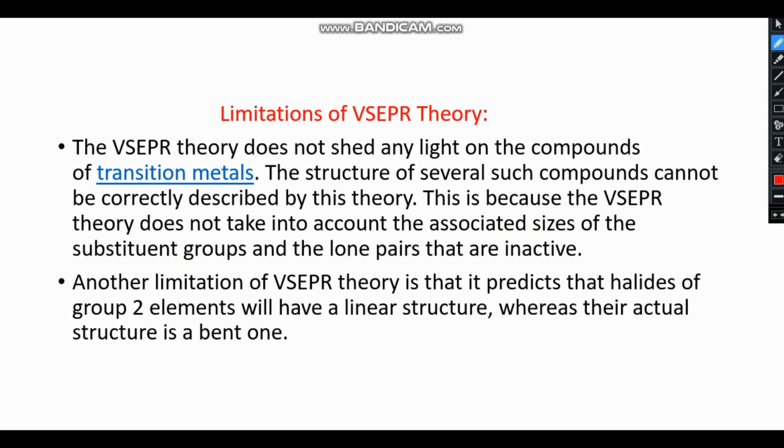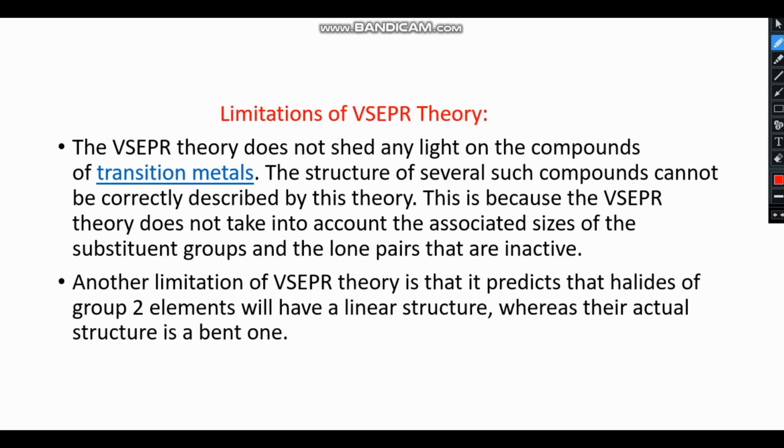The third limitation that we'll talk about in this video is that this theory fails to predict correctly the geometry of the compound formed between group 2 elements and halogens. Now, when that structure is drawn, this theory predicts that such a geometry should be linear.